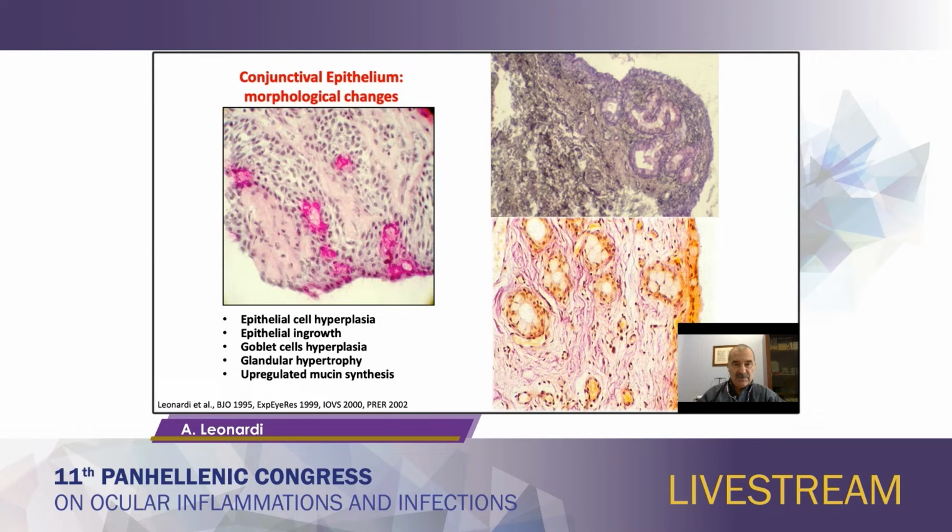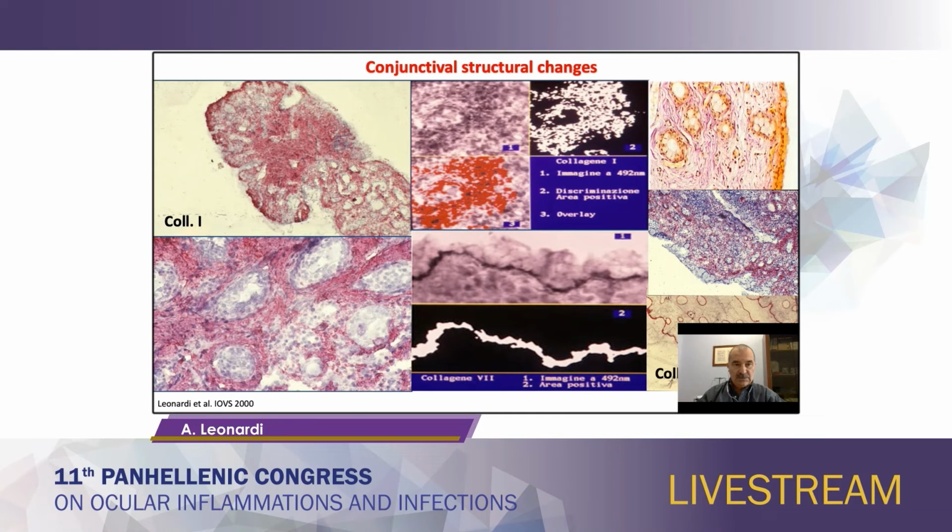The remodeling involves the conjunctival epithelium. There are several different morphological changes that involve the epithelial cells: hyperplasia, epithelial ingrowth with formation of glandular or pseudoglandular structures, hypertrophy, goblet cell hyperplasia, and as a consequence of that, mucus hyperproduction.